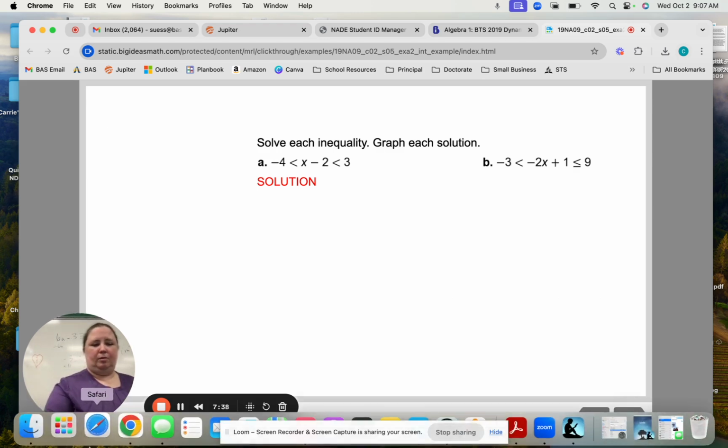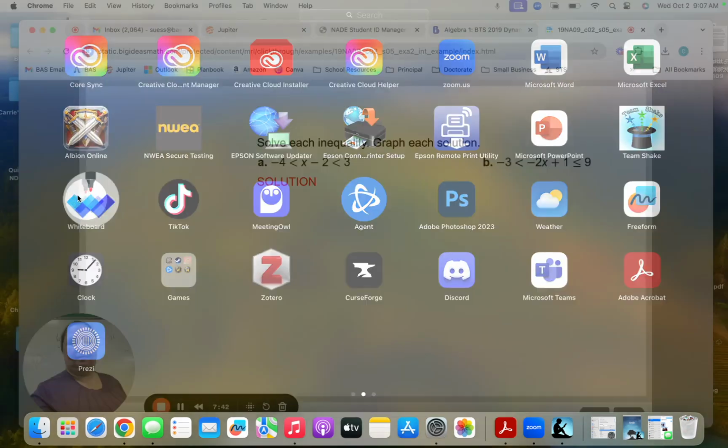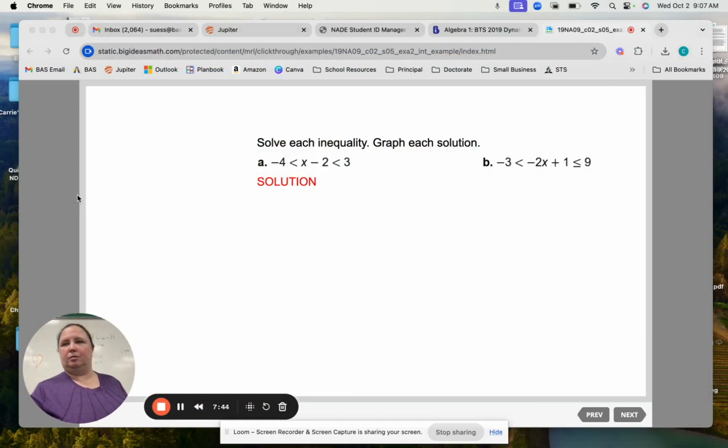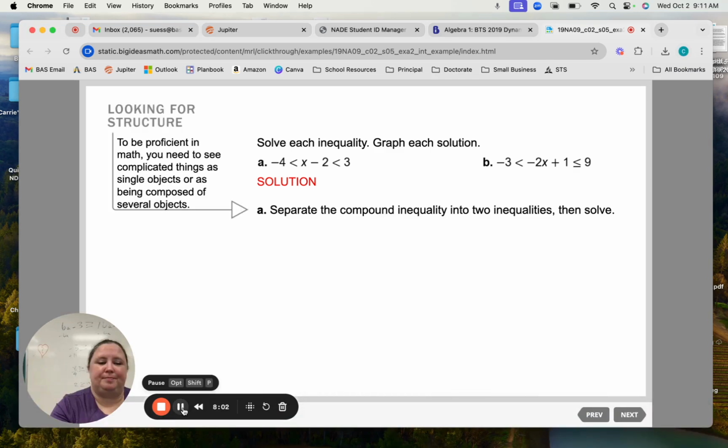Let me see if my whiteboard works. My whiteboard's not working, but I'm going to show you how to do it the way they want you to do it, and then example B shows you the better way. So we'll do both ways, so whatever works for you guys is fine.